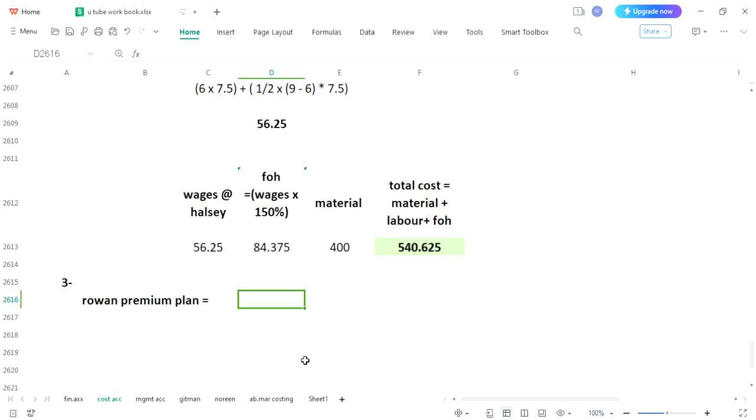First you will open your bracket, and then time taken would be multiplied with R, close the bracket, and then add, open bracket, and you will subtract time taken from standard time. It would be divided by standard time, close your bracket again, and then multiply it with T into R.